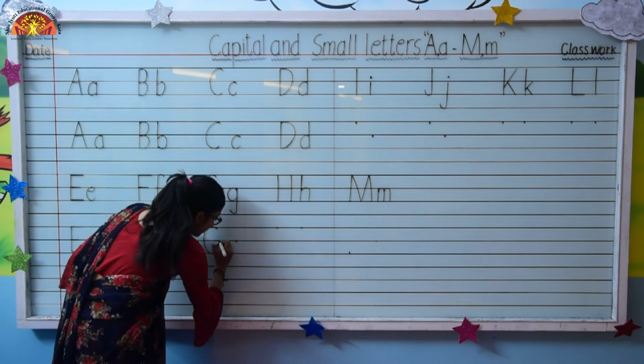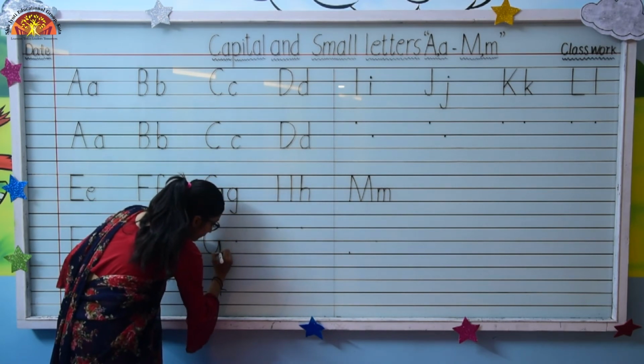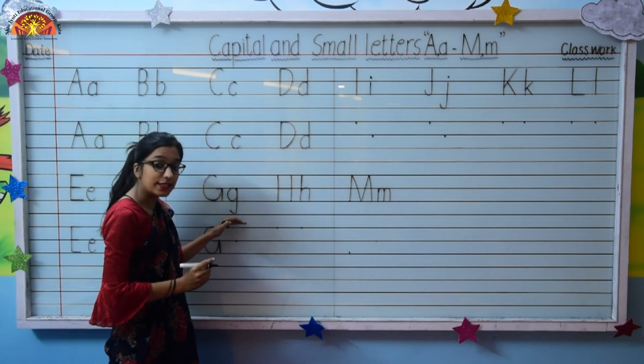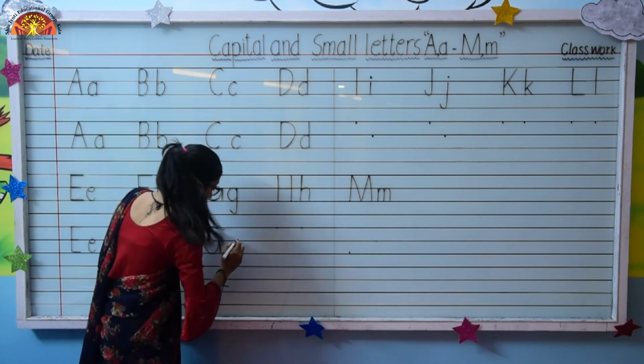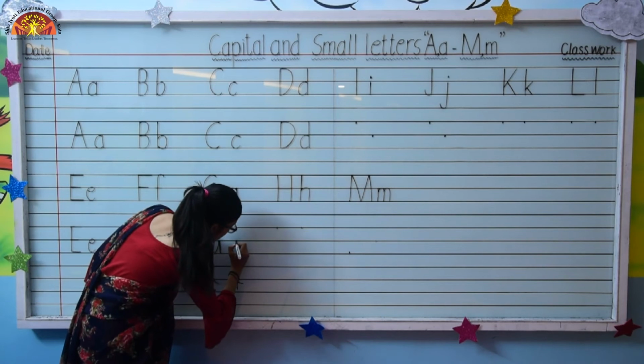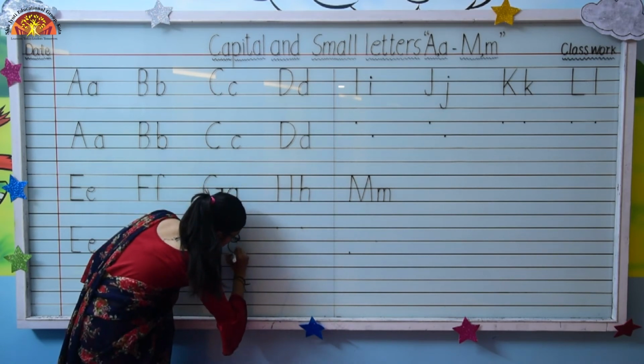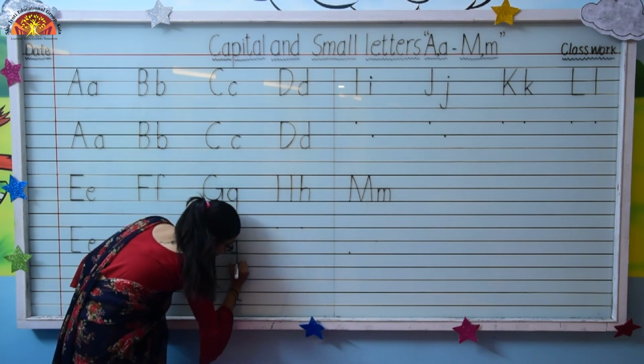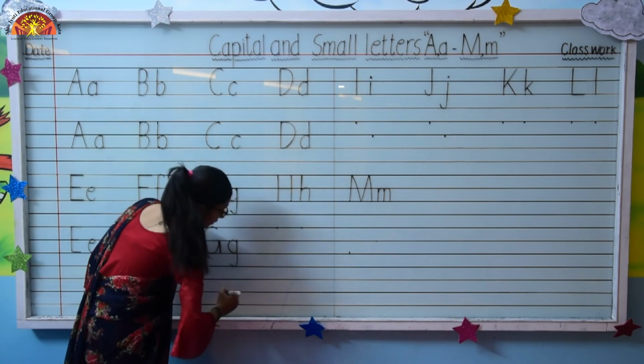Okay kids, like this. Now after this, let's make small letter G. So first we have to make one small curve like this. Then standing line and turn.